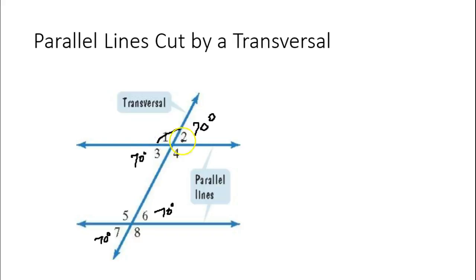Since they're on a straight line, they would be supplementary. So angle 1 would be 110. Angle 4 would be 110 because those are vertical angles. Angle 5 would be 110 because those are alternate interior angles. Angle 8 would be 110 because those are alternate interior angles. So those are not too bad either.